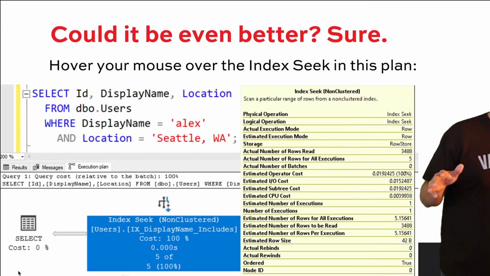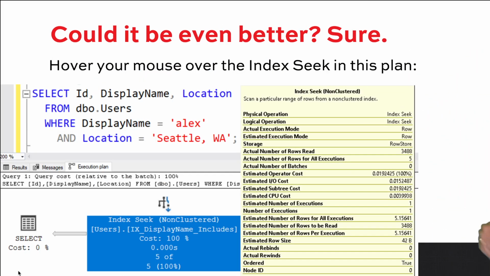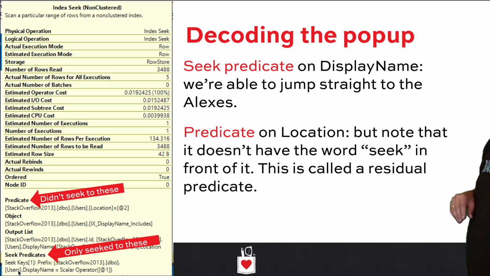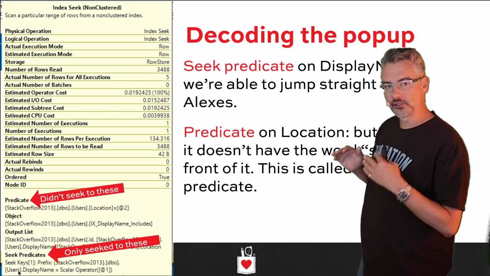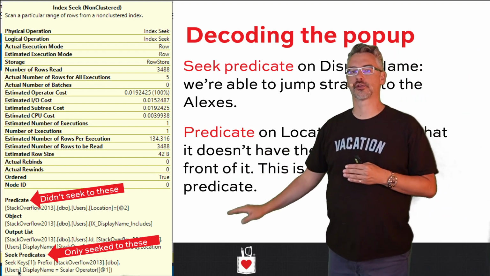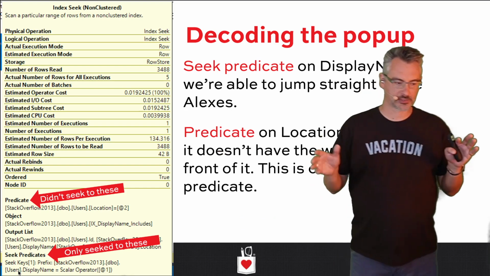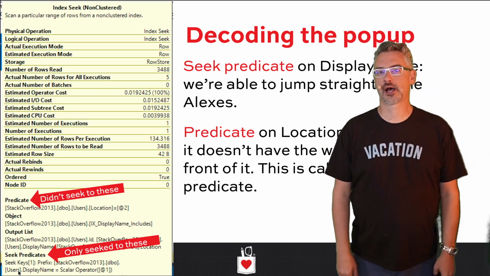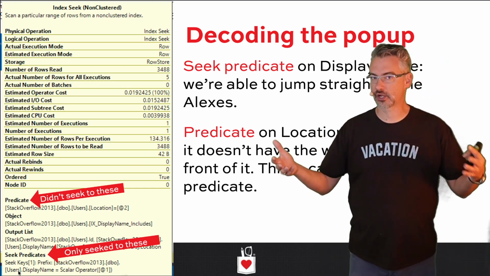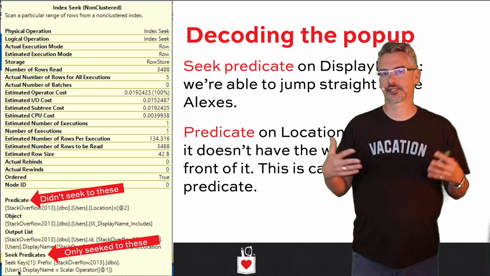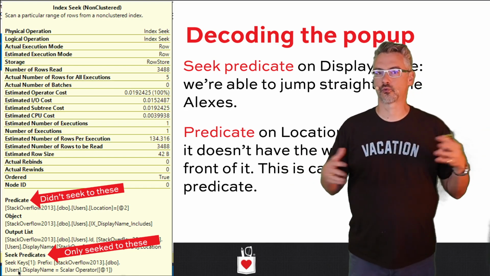Now, it's not a perfect index because if I hover my mouse over that index seek and I look at the pop-up, I'm going to zoom into it to show you a little bit more details. Microsoft, when they're setting up pop-ups, or even just anything on a screen in SQL Server, they tend to organize it in one of two ways.